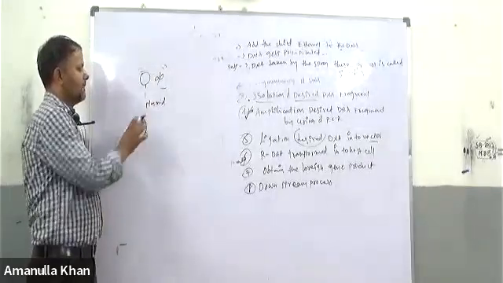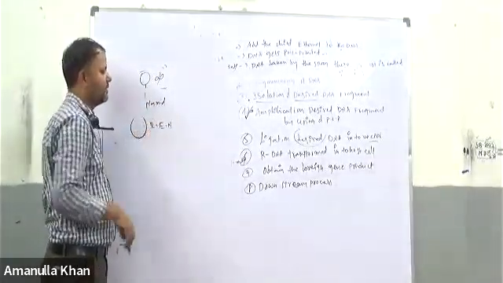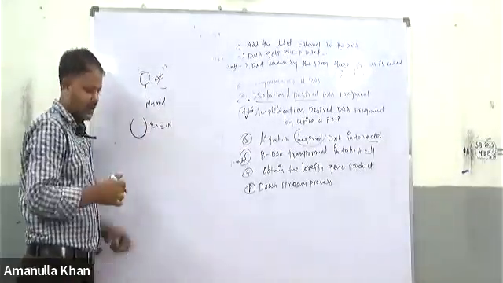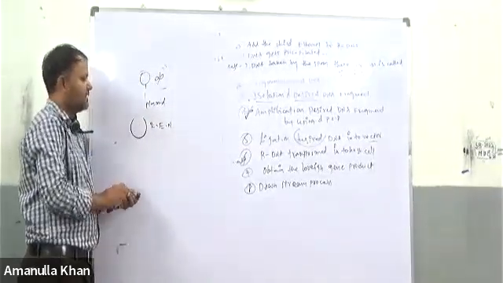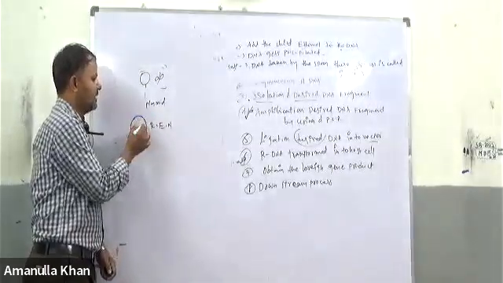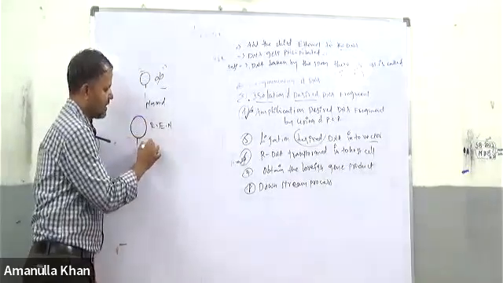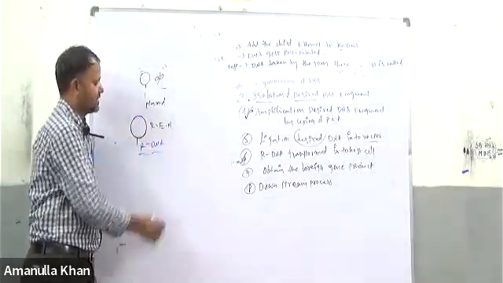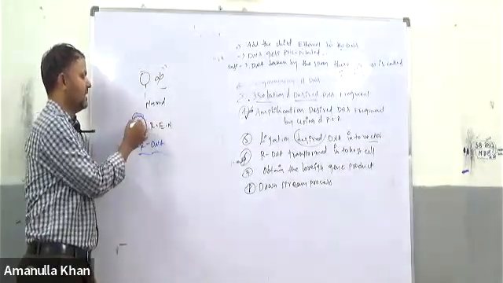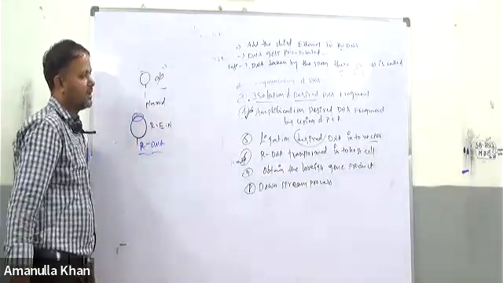So in the presence of restriction endonuclease enzyme, this plasmid is opened, and that alien DNA is ligated at the plasmid. Now this is alien DNA, and this is the vector. Now it's called rDNA, recombinant DNA. R means recombinant, a combination of two genes: one is alien DNA, the second one is plasmid. So it's called recombinant DNA.